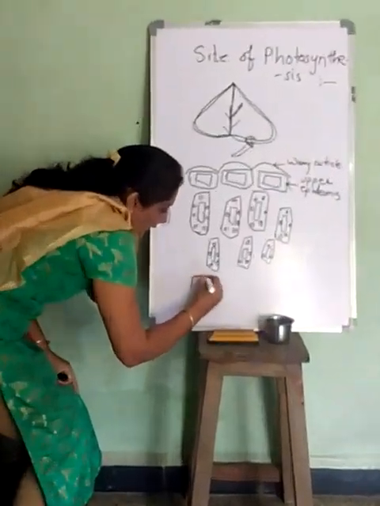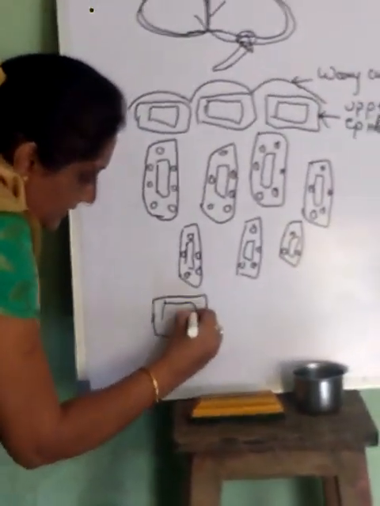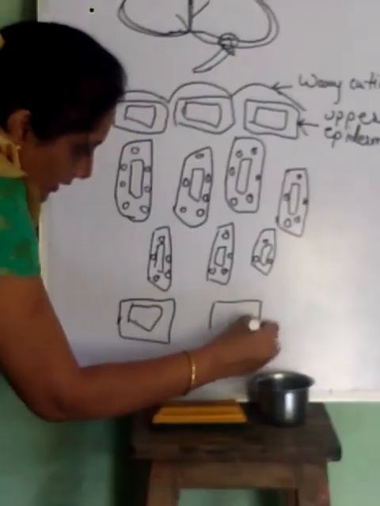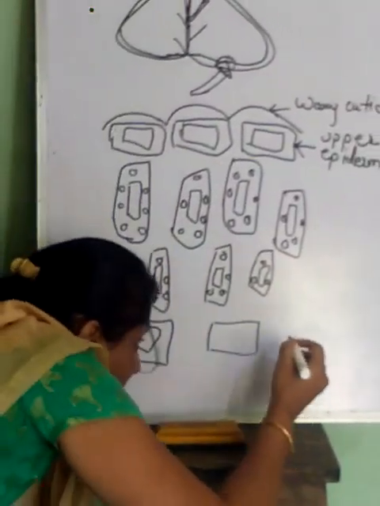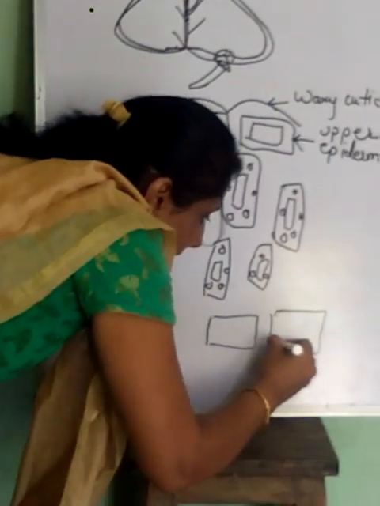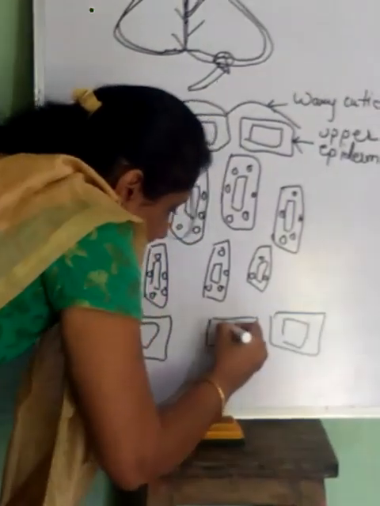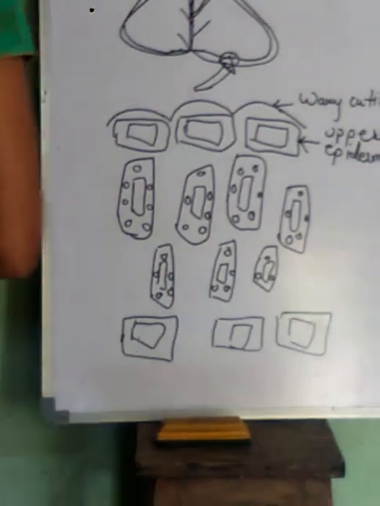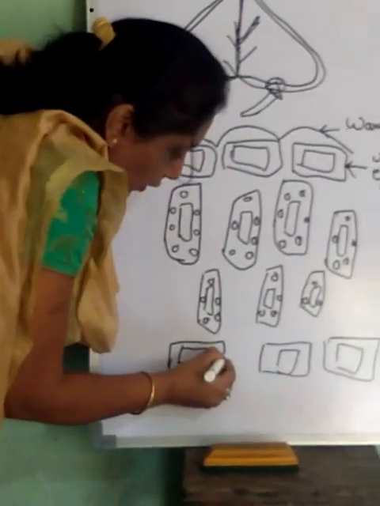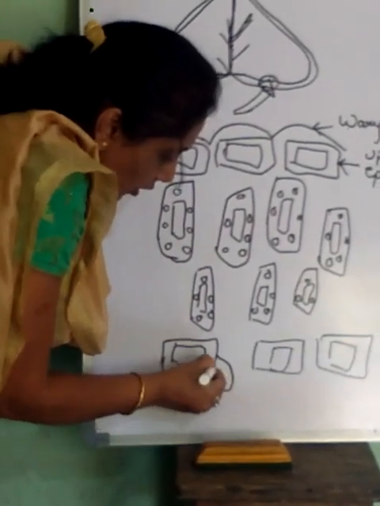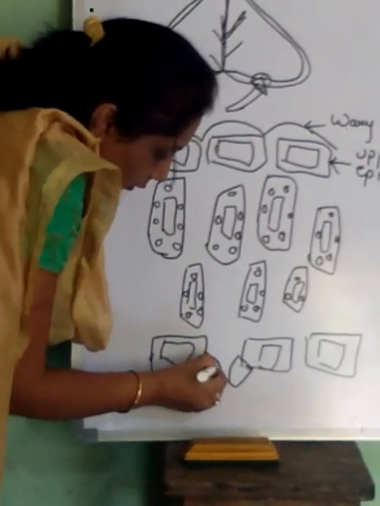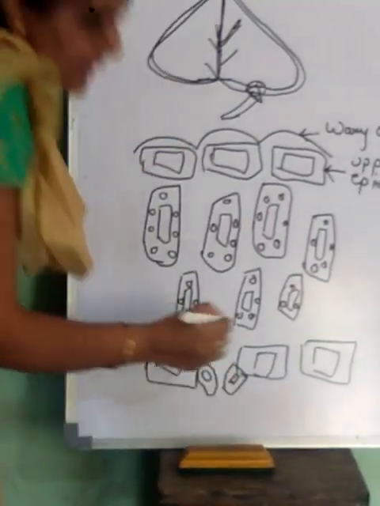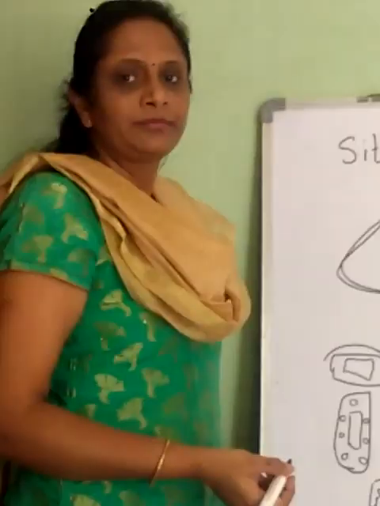Below, one more layer of epidermal cells is present. In between the epidermal cells there is a gap. This gap is for the opening of stomata, for the guard cells of stomata.